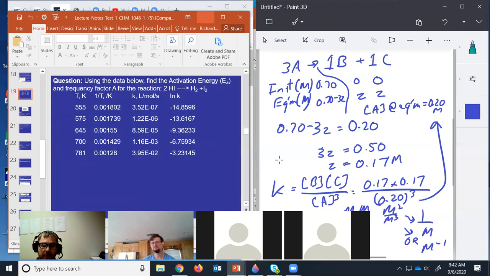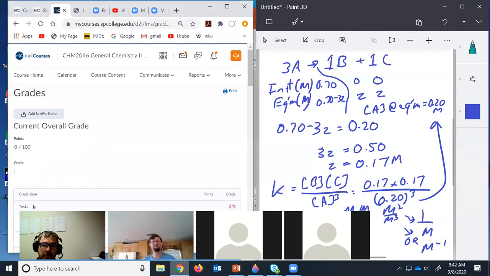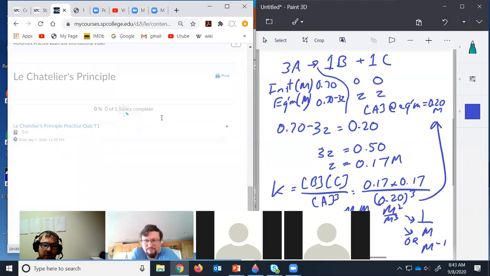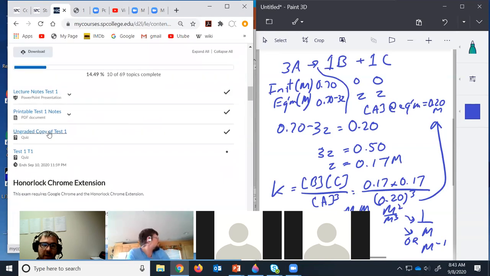All right. Does anybody have any other questions? Yeah, so as far as what's specifically going to be on the test, would looking at the quizzes be what's going to most match up, along with the review for the test? No, it's actually a lot simpler than that. I'll show you. It's just this one here, this ungraded copy of test 1.